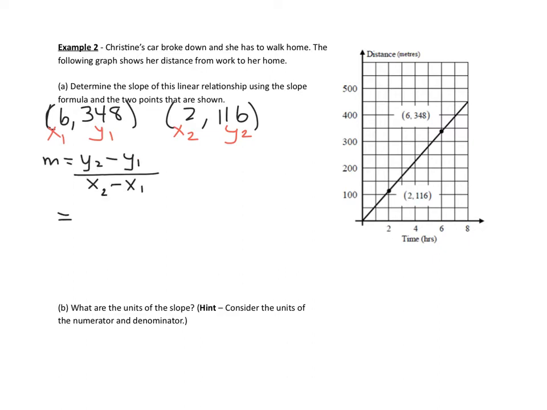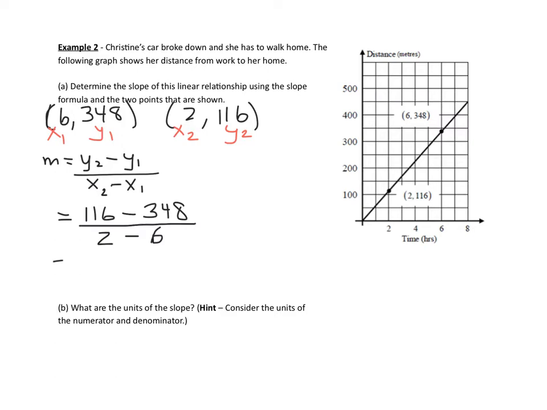So if I plug my values into their proper spots in the slope formula, I'm going to get 116 subtracted by my y1 value, which is 348, all divided by my x2 value, which is 2, minus my x1 value, which is 6.